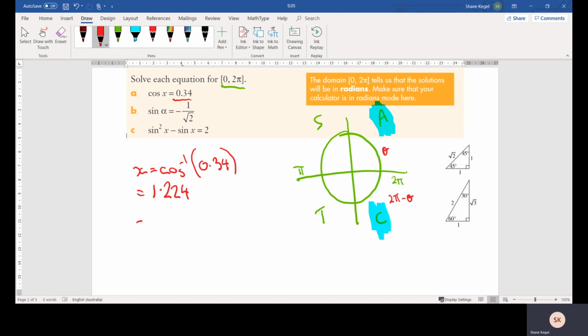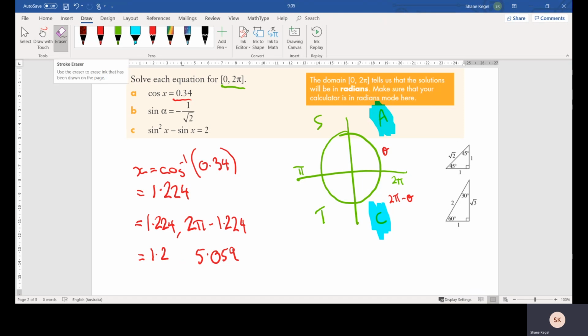So my normal angle was what I received, 1.224 radians, or I've got 2 pi minus my 1.224 radians. Remembering we're working in radians now, so I don't have to manipulate it. So I could have 1.224, or I could have 5.059. Plugging that into my calculator and evaluating.